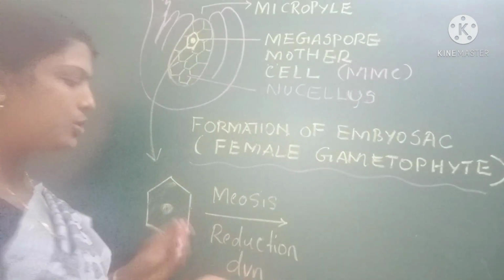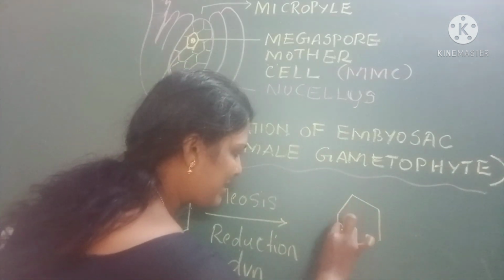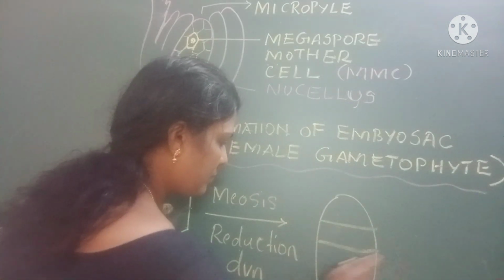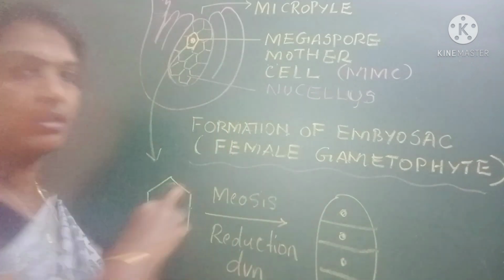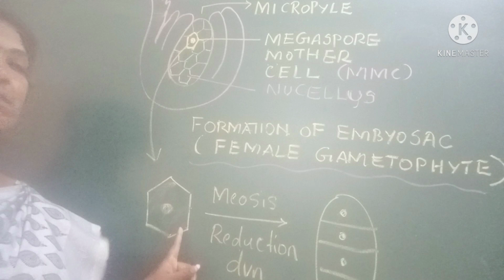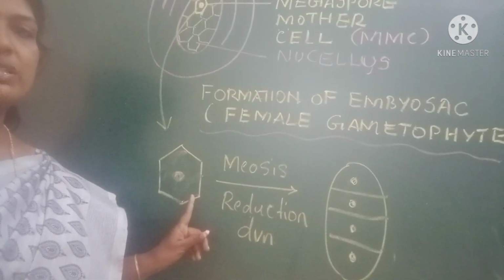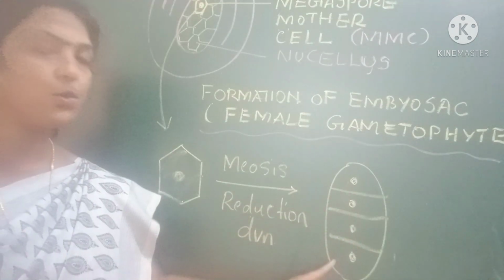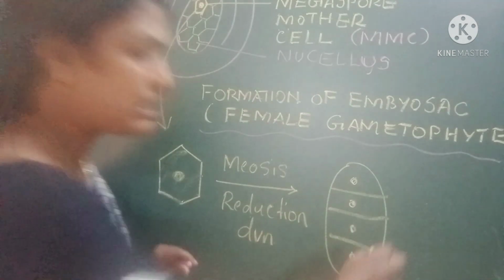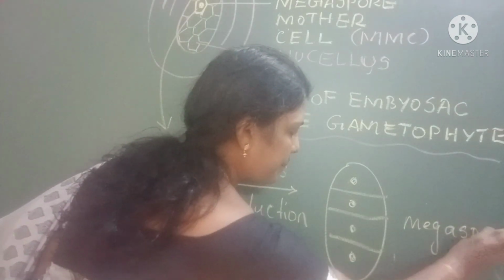It leads to the formation of 4 cells. So here we can see 4 megaspores, from the single megaspore mother cell. When this single megaspore mother cell undergoes reduction division, it leads to the formation of 4 megaspores. These are called megaspores.